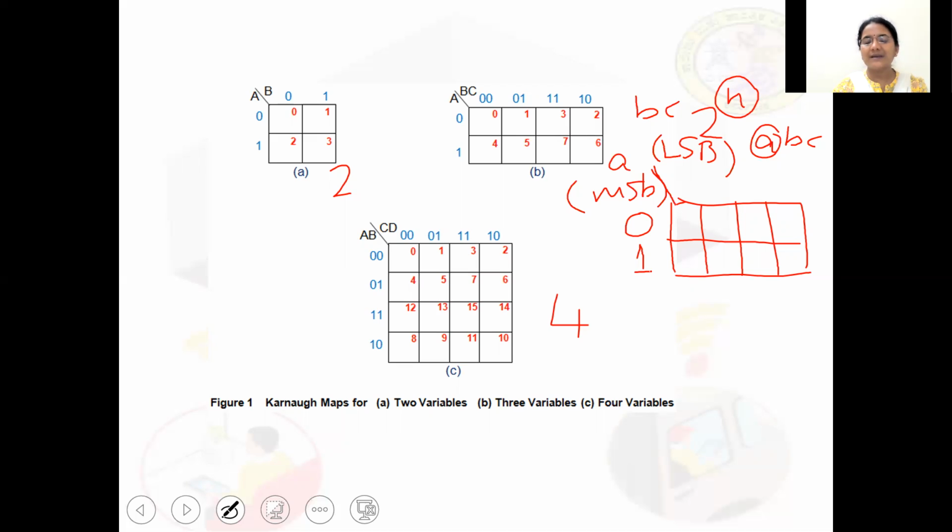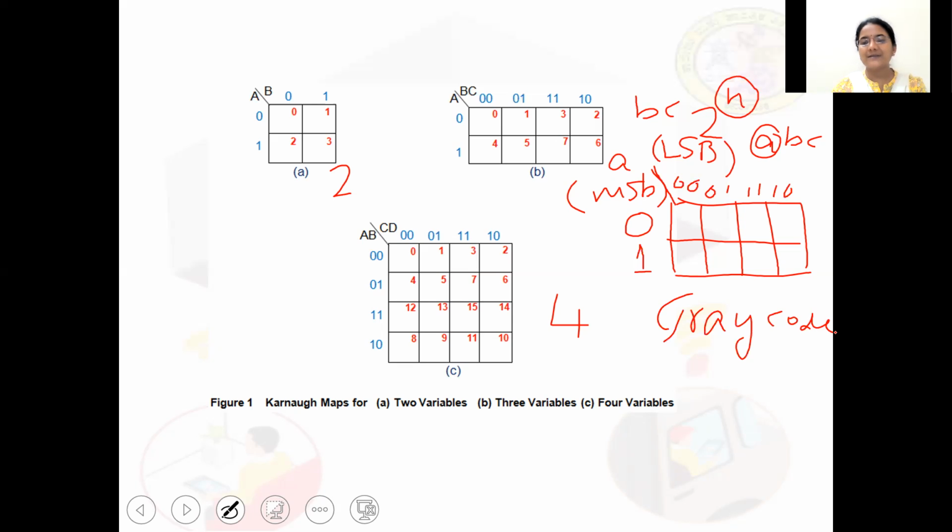And for the LSB, BC, the first row, first column is 0, 0. Next it is 0, 1. Next 1, 1. Next 1, 0. Here, this form of representing the variables in the K-map is in the form of gray code, not in the form of binary.